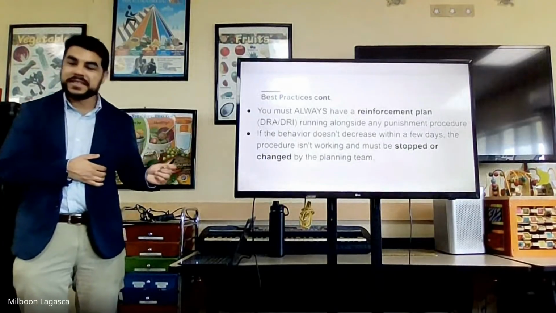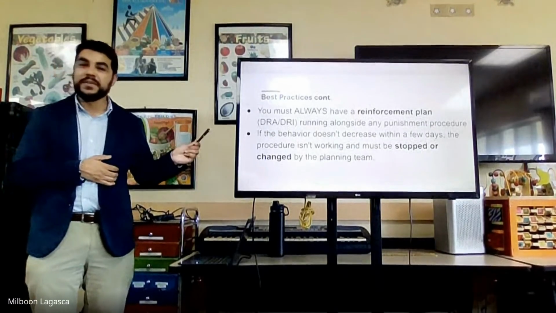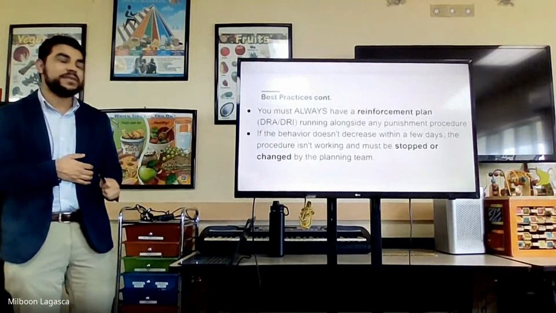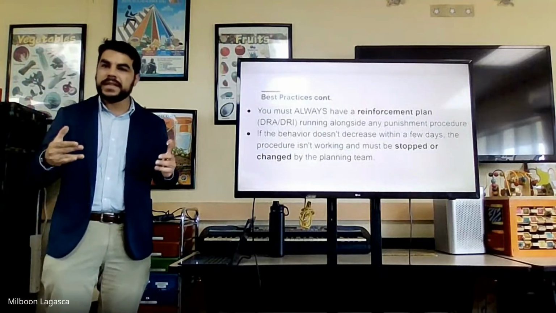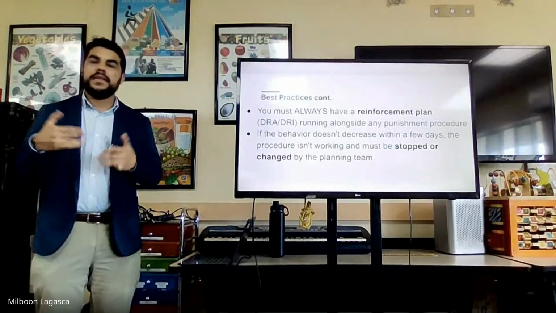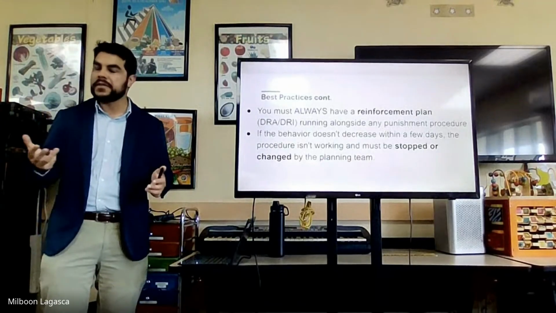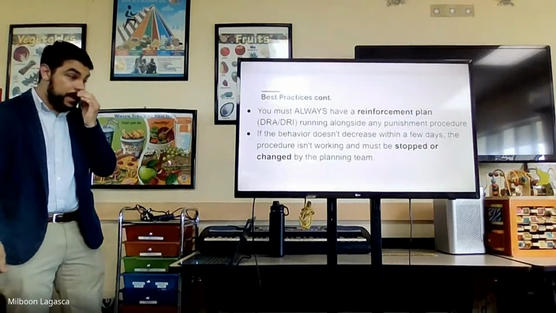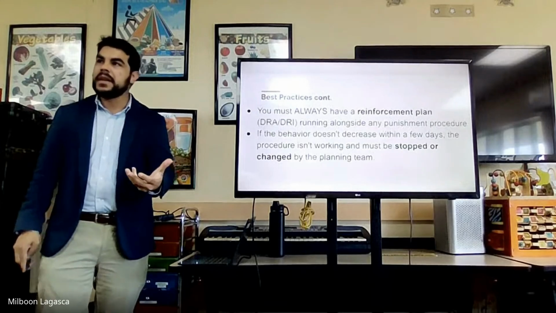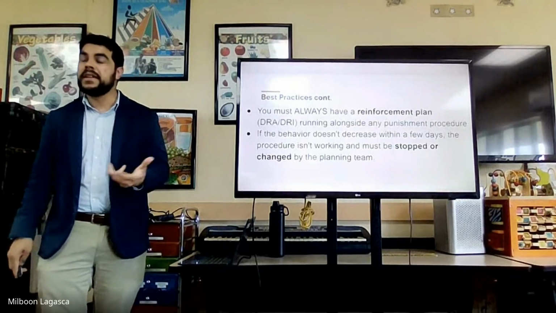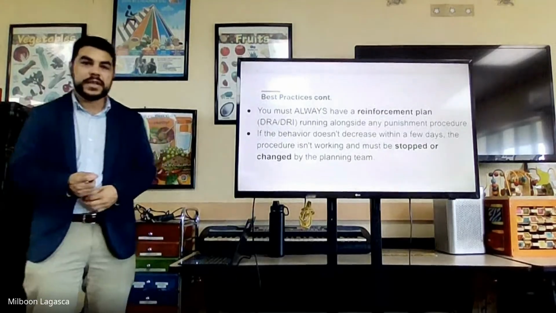If it's not decreasing, then we have to go back to the drawing board because it's not working. There is no reason to keep incorporating an unpleasant experience for the individual if it's not for their benefit. Ultimately, it is for their benefit. Just as that behavior analyst was sharing, you wouldn't implement chemotherapy on somebody who wouldn't benefit from it because it is such a huge risk.